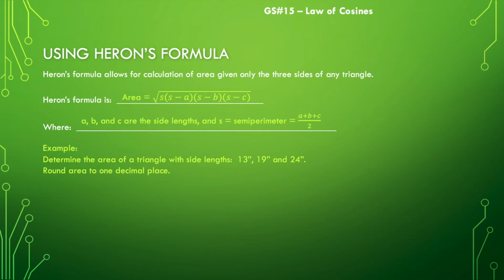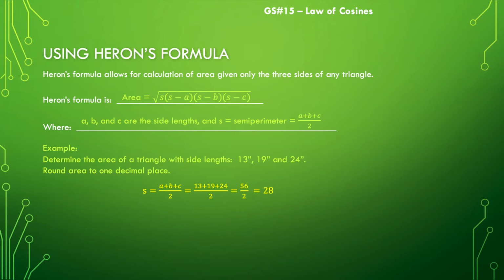We know we're going to need s, so let's calculate s. s is equal to (a plus b plus c) divided by 2. In this case, 13 plus 19 plus 24 divided by 2, which equals 56 divided by 2, also known as 28.